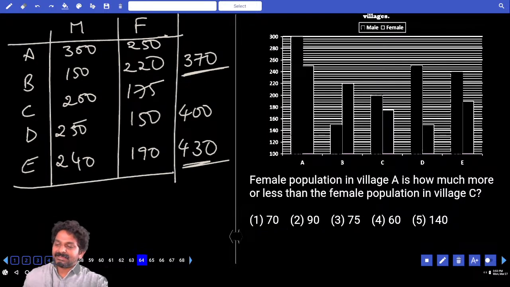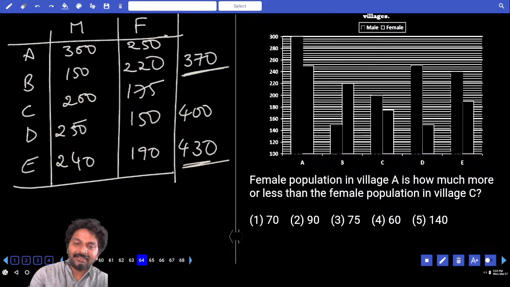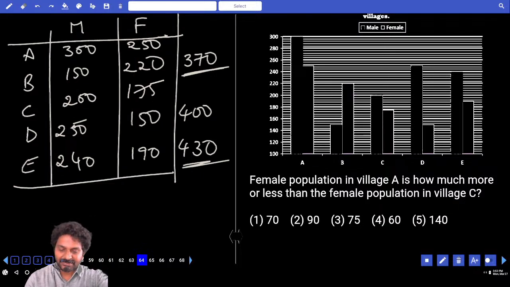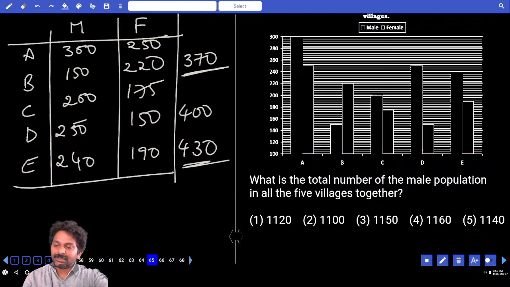Female population of village A is how much more or less than female population of village C? Female in village A 250, in village C 175. 250 and 175, difference 75. What is the total number of male population in all 5 villages together?